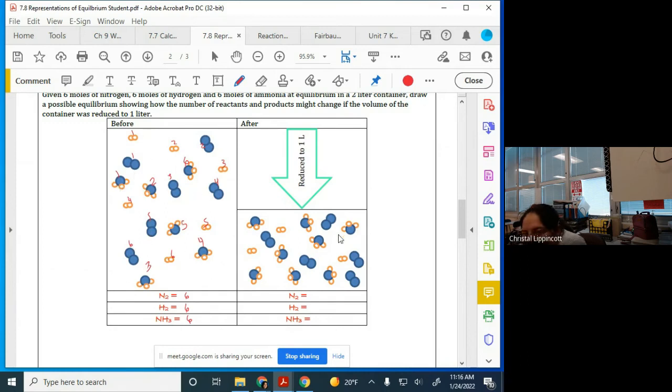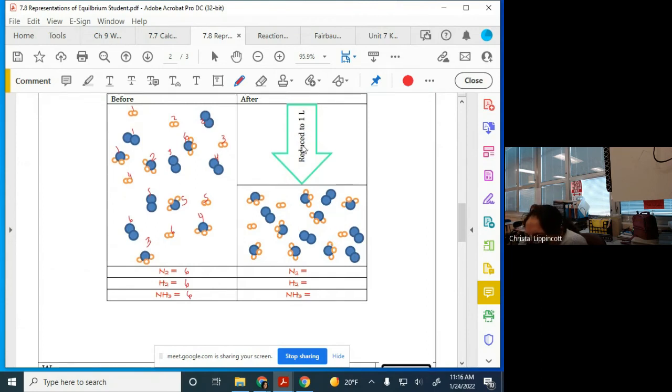I'm good. Okay, so now I'm going to figure out, we reduced our volume from 2 liters to 1 liter, so we halved the volume. Now we're going to go back and count. How many nitrogens do I have? 1, 2, 3, 4, 5.